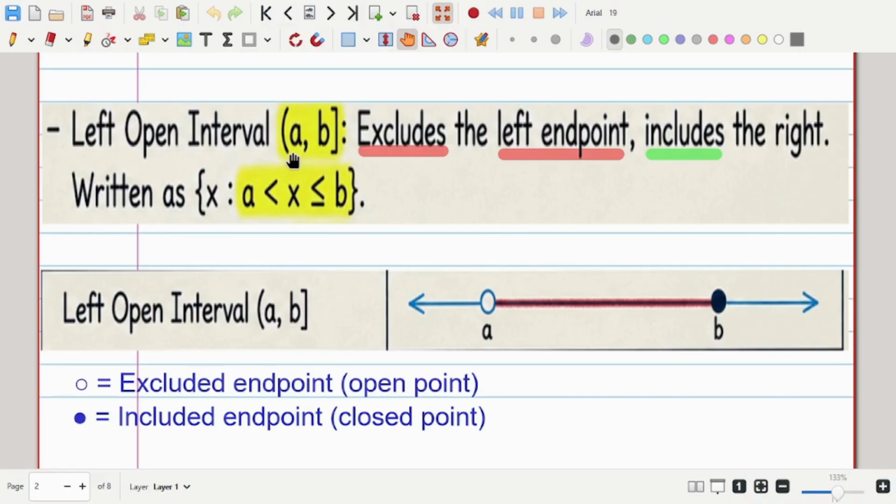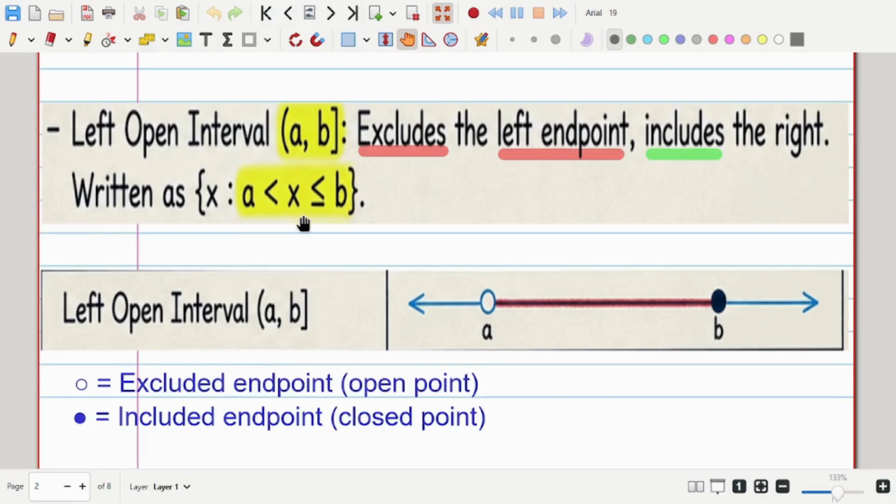Round bracket means exclude the endpoint and square bracket means include the endpoint. Write it as the set of all x such that x is greater than a and less than or equal to b.